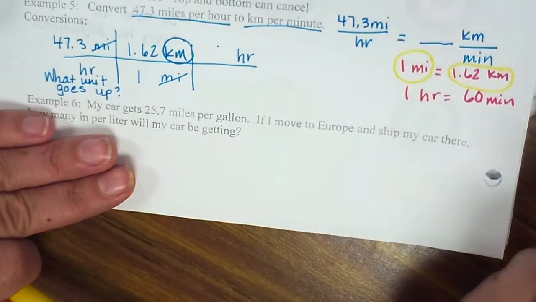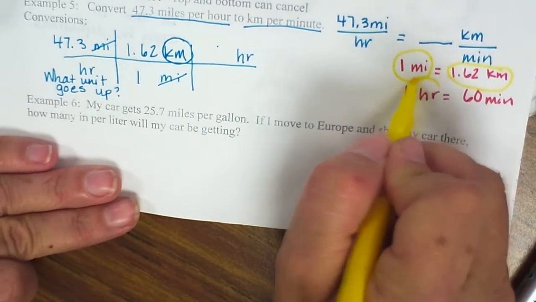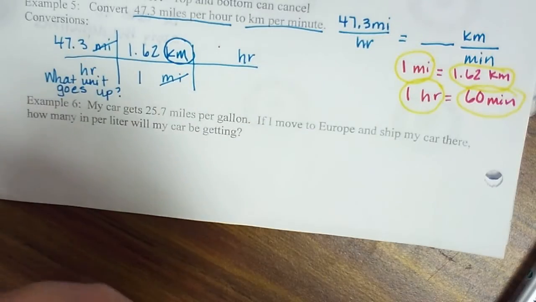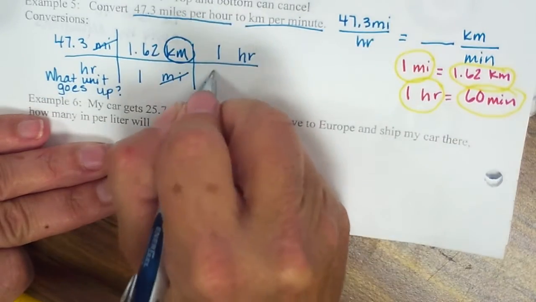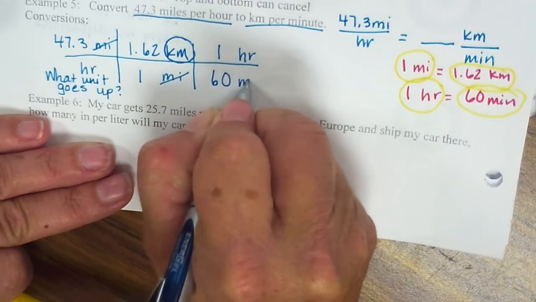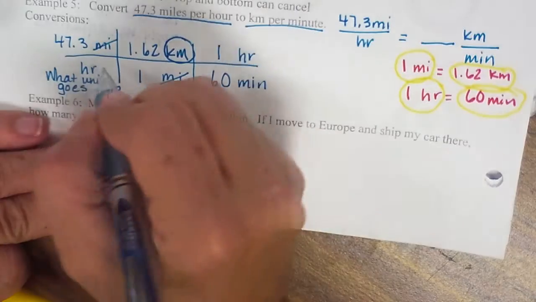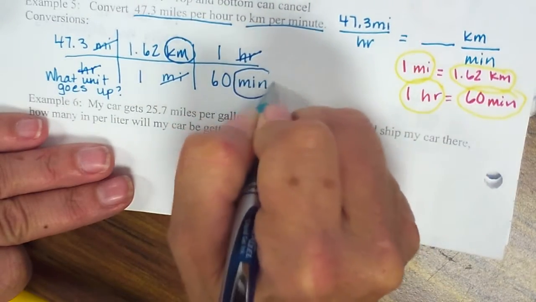And what's going to go on the bottom? Well, I'm going to come over here, and what I see is 1 hour to 60 minutes. So 1 hour, 60 minutes. So now I can cancel out my hours, and I'm left with 60 minutes.